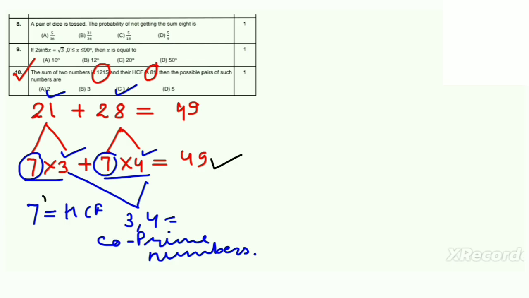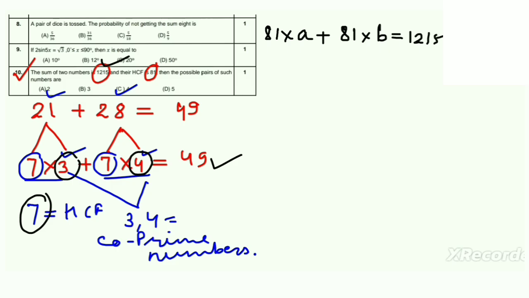And here 7 is the HCF, but in the question the HCF has been given as 81. 81 into, and this 3 is the first co-prime number, but in the question the co-prime number hasn't been given, so let's assume the first co-prime number be A plus, again in place of 7 we have 81 as the HCF into, and 4 is another co-prime number, so let's assume the second co-prime number B equal to, and their sum has been given here in the question, 1215.